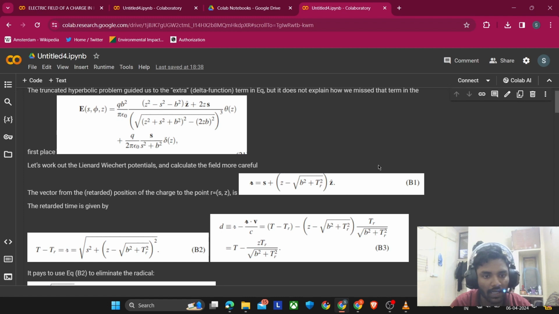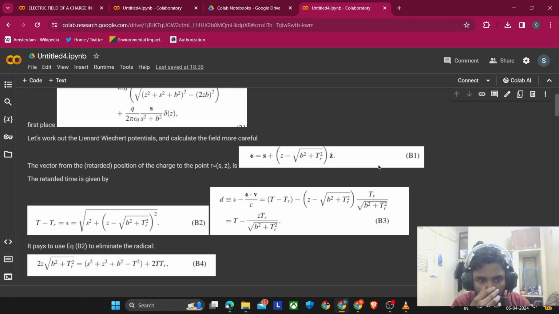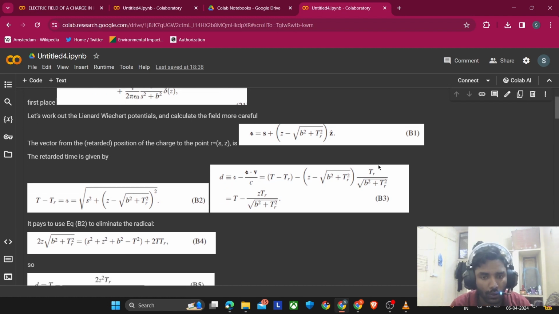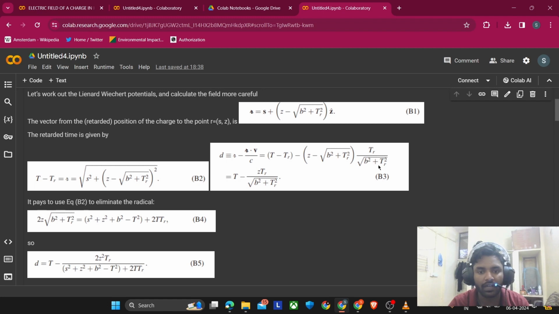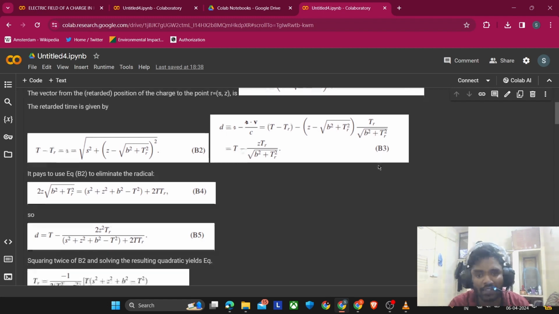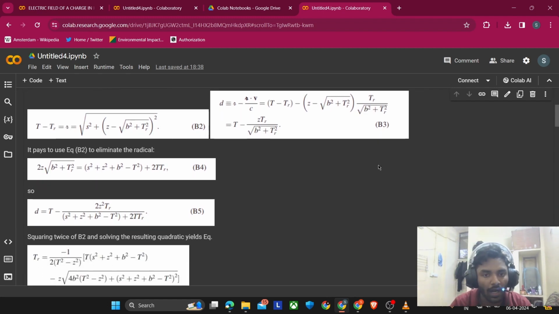So we know the retarded potential, which is there above. The retarded position of the charge point is given by the B1 equations, and the retarded time is the B2 equation. The formula for D is R minus R dot V by C. After substituting R and V, we get the B3 equations, and squaring B2 we get the B4 equation.